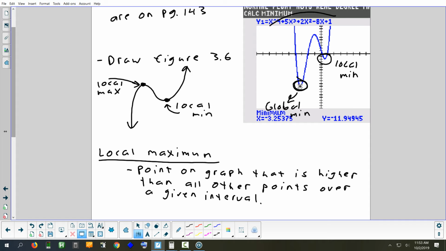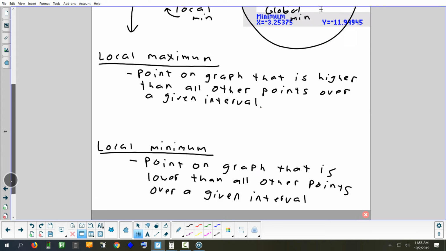This particular graph right here has no global maximum. It goes up forever. So global means it is the highest or lowest, period. Local means it's the highest and lowest in a certain area.